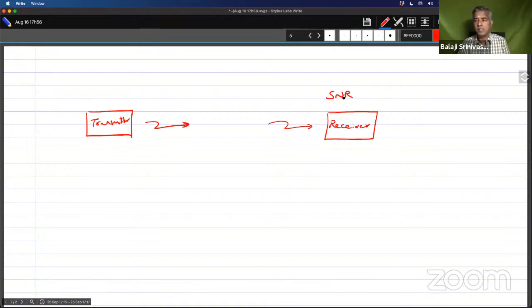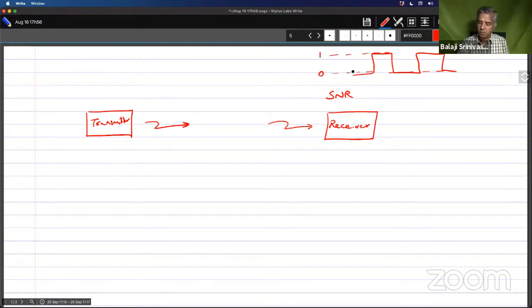What is the signal power to the noise power that I have? If I have a signal that looks like this, then it's easy to make out that there is something at this level and something at this level. It's easy to make out that this corresponds to a 0 and that corresponds to a 1.